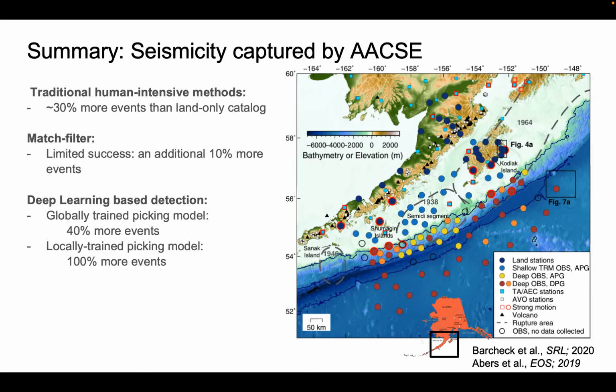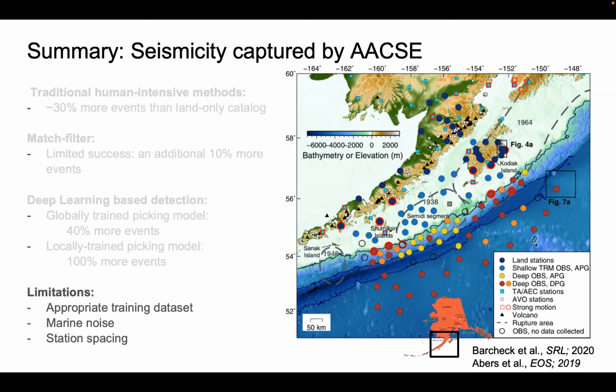Then when we try to match filter, we don't find a ton more, we find about 10% more earthquakes. And finally, when we modernize our techniques and use deep learning based detection, these globally trained picking models can find about 40% more earthquakes. And then when we retrain the globally trained models with local data, they work a lot better and we're able to double the catalog.